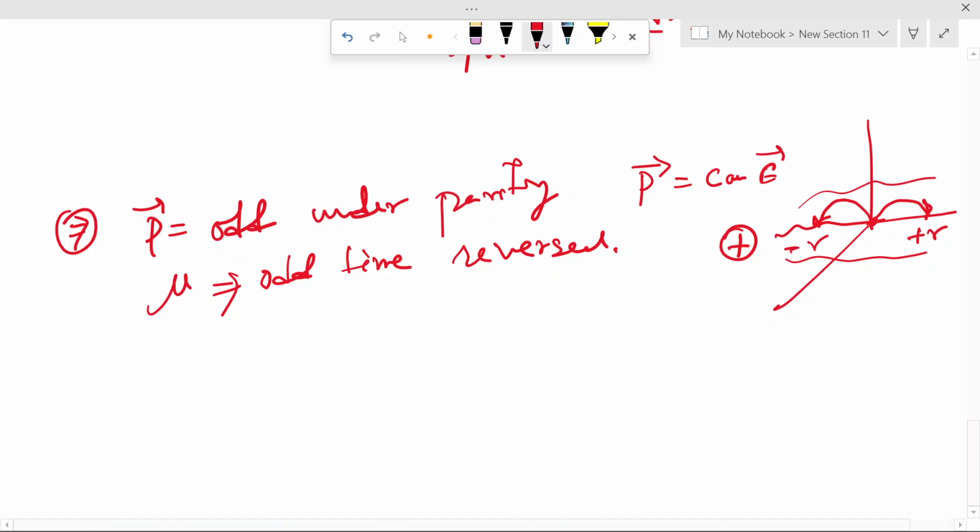It's like 1 by R square, the magnitude becomes 1 by R square, but it's unidirectional, like 1 by R square into R cap, its curl is 0. So there is no rotational symmetry usually in electric field. So R and minus R are usually different in electric field. So its parity is not conserved. So electric field is odd under parity.